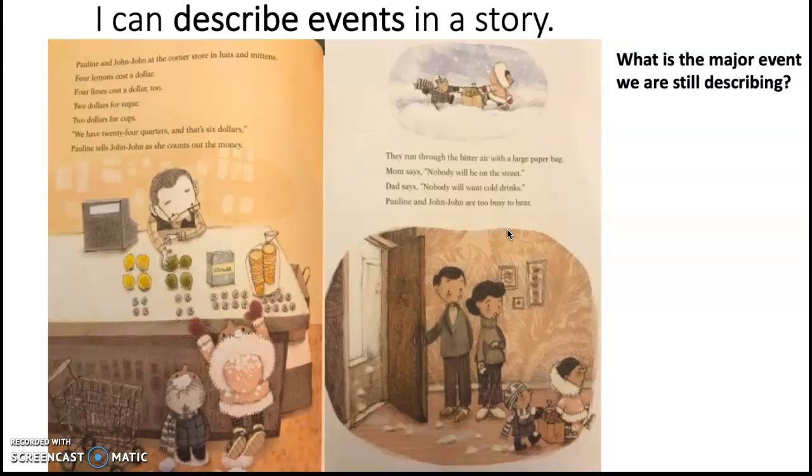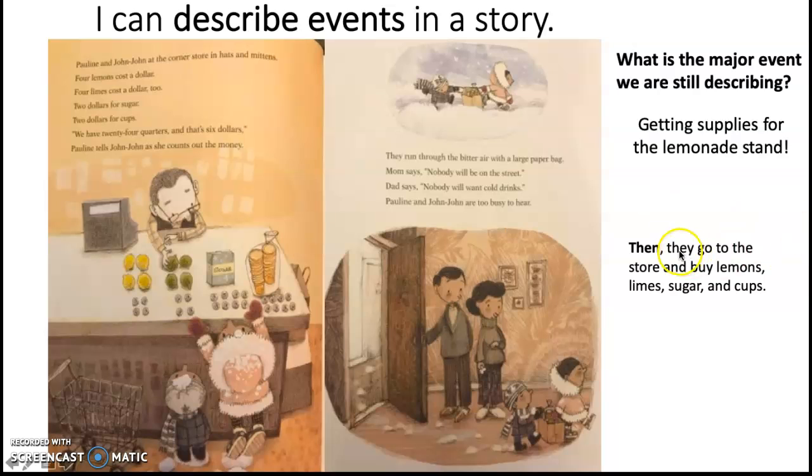So, what's the major event we're still describing? We're still talking about how they had to get supplies to have their lemonade stand. So I could say, then they go to the store and buy lemons, limes, sugar, and cups. Here is where I found the lemons, the limes, the sugar, and the cups.